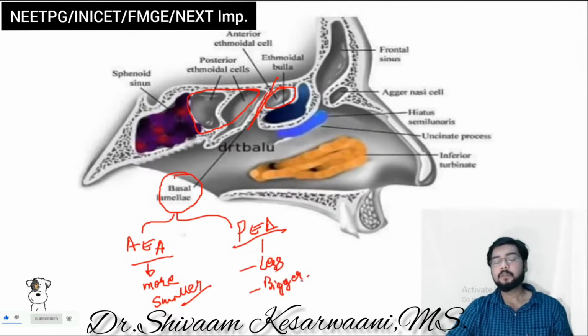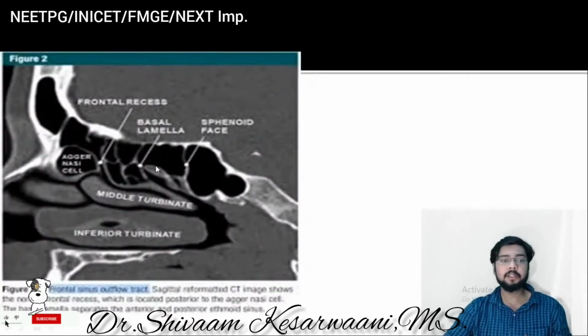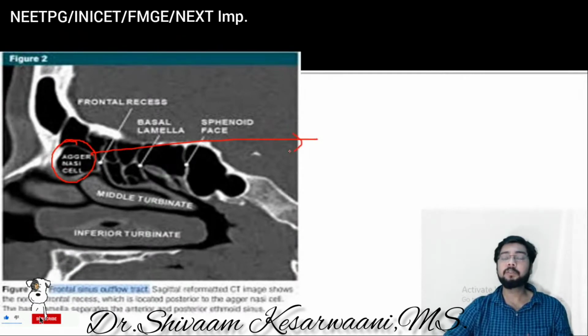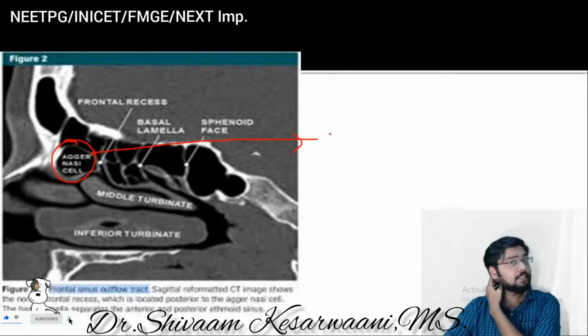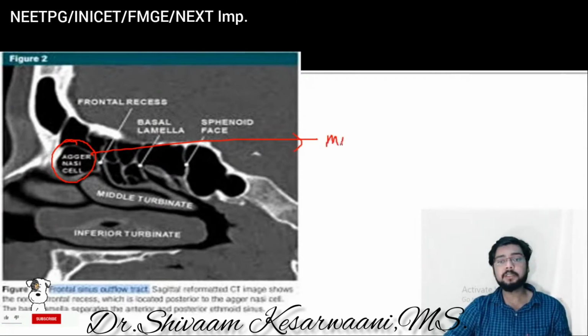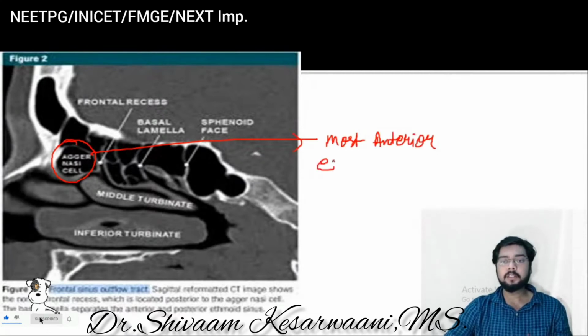Just to make you know the differences, here you can see your anterior and posterior. One important thing they asked in one of your previous year exams is the Agger cell. The Agger cell might be present, might not be present; if it is pneumatized, then you would be able to see it. This is the most anterior ethmoid air cell.